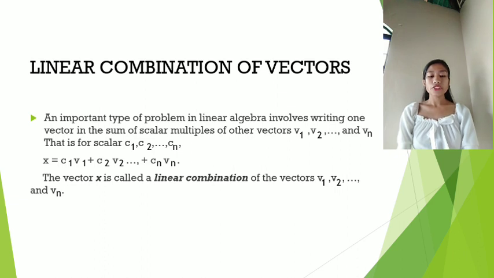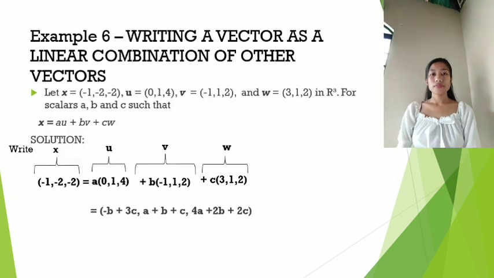That is, for scalars c sub 1, c sub 2, and c sub n, X is equal to c sub 1 v sub 1 plus c sub 2 v sub 2 plus c sub n v sub n. The vector X is called a linear combination of the vectors v sub 1, v sub 2, and v sub n.